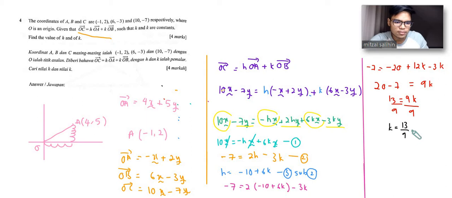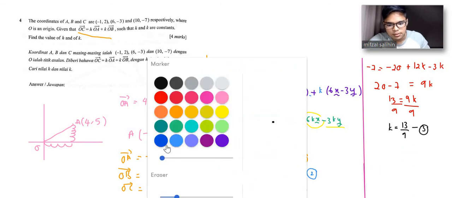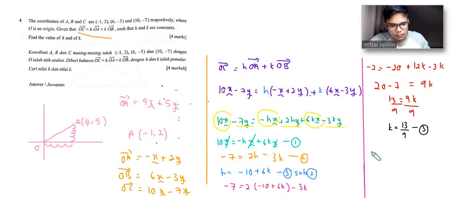Now with the value of k, we can substitute it into any equation that has the value of h. I would substitute the value 13 over 9 for k inside equation 3. So h equals negative 10 plus 6 times 13 over 9.